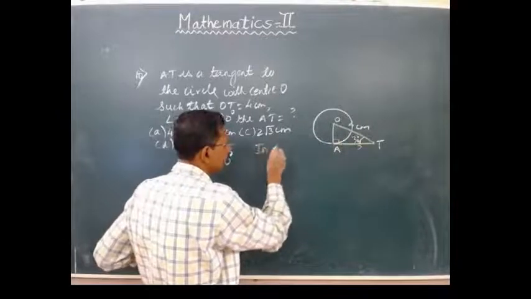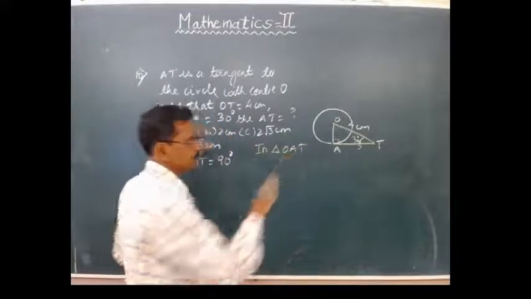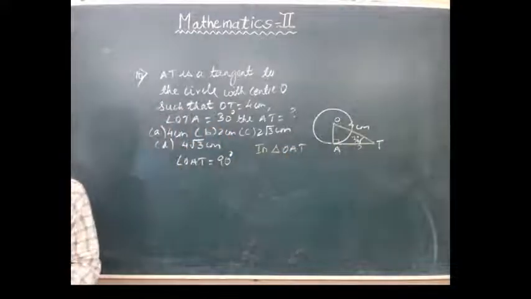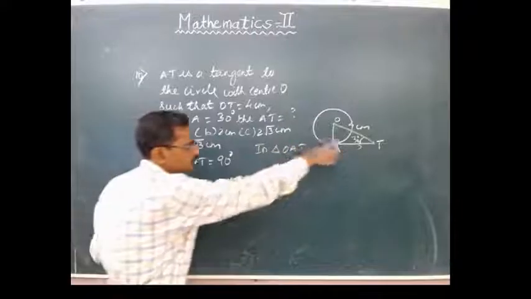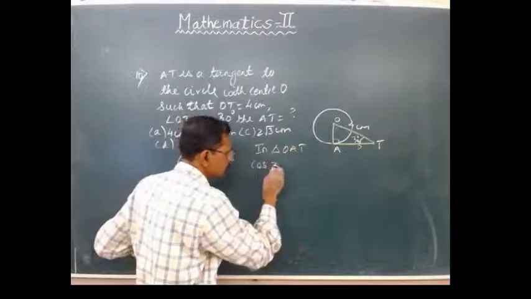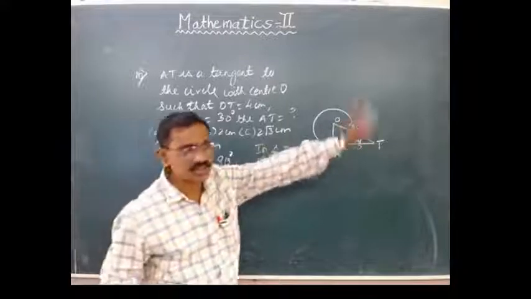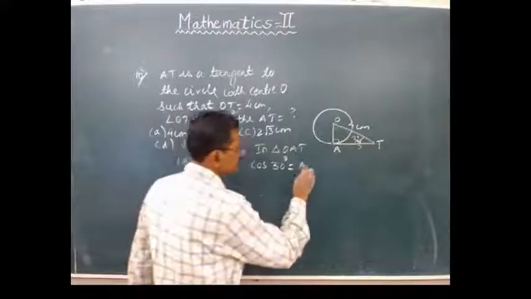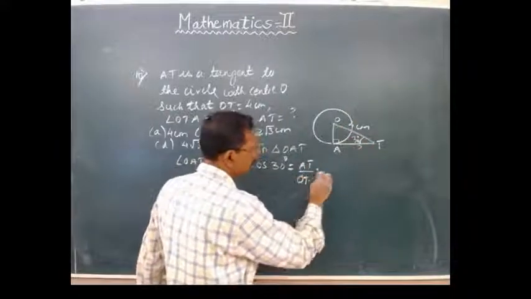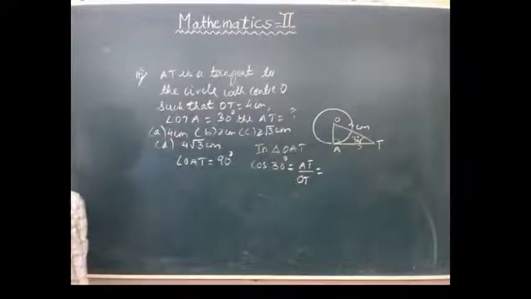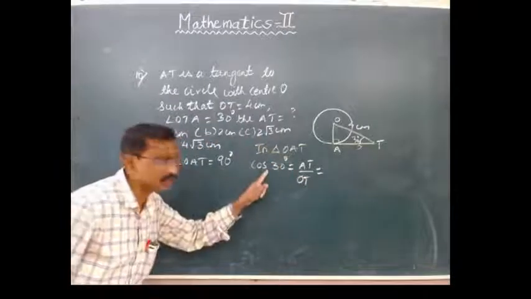In triangle OAT, cos 30 degrees is equal to, cos is adjacent upon hypotenuse, that is AT upon OT.